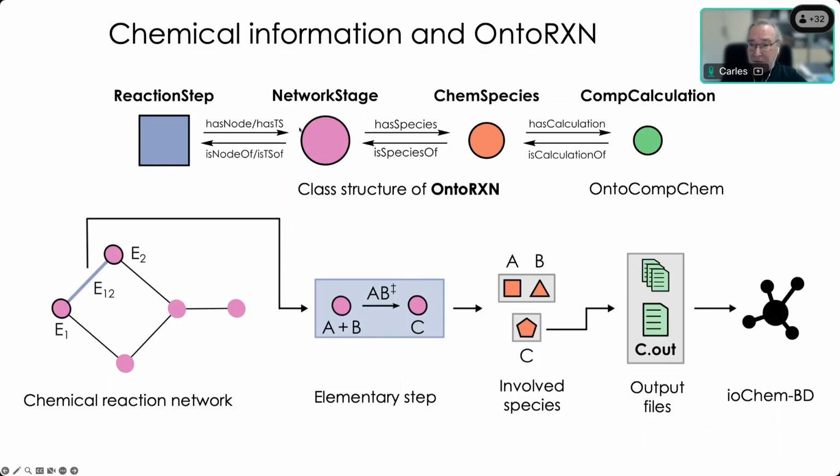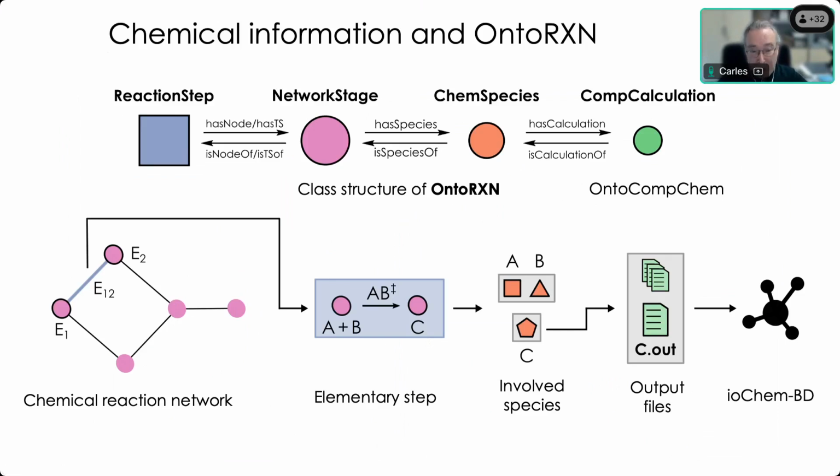And for that, we define 4 classes: the individual calculations that we assign to a given chemical species, then chemical species in a reaction network combine in network stages that form part of the reaction steps. So a reaction step actually connects 2 network stages, and each network stage can contain several chemical species, and for each species we can have different computational chemistry calculations.